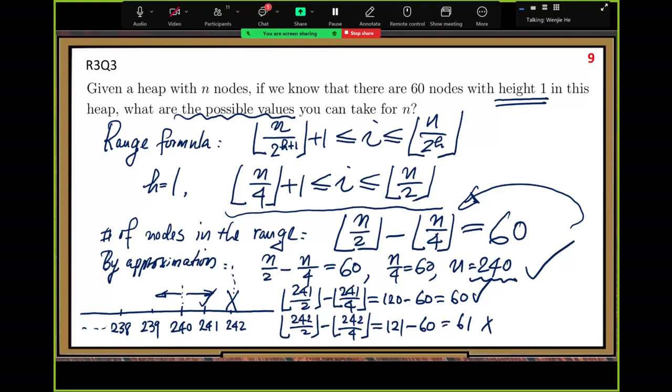Then you do expansion to the left, the left-hand side extension.